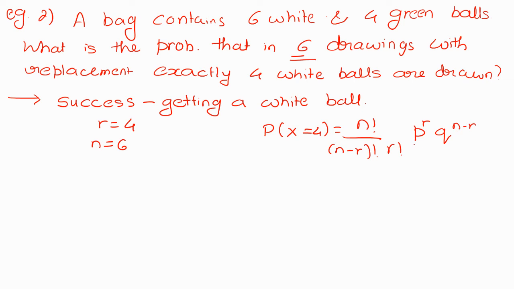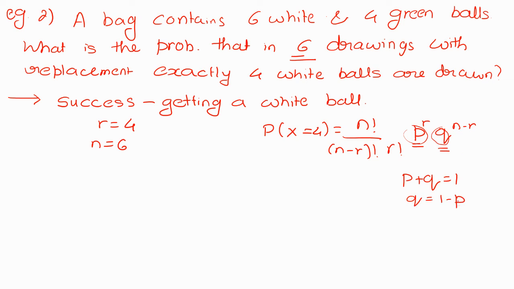Now to use this formula, what you need is p and q, that is the probability of the success and the probability of the failure. Once you know the probability of success, you can find the probability of failure, that is q, easily by this equation, p plus q is equal to 1, that is q is equal to 1 minus p.